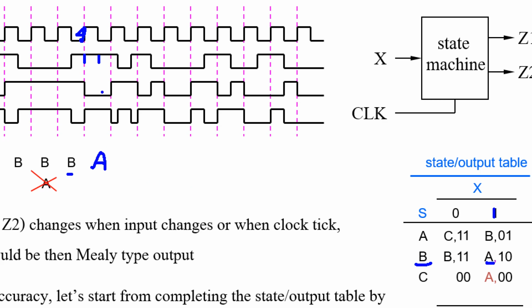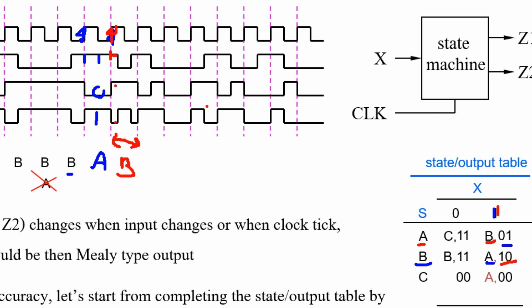That means when x is 1, output is 0, 1. Okay, clock tick here. When clock tick here, input x is 1. So state A with x is 1, go to state B. This period should be state B, right? Namely, when input x is 1, output is 1, 0.